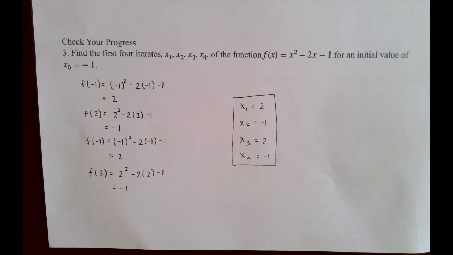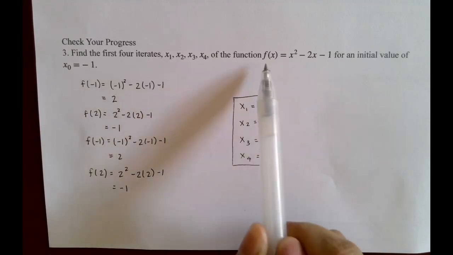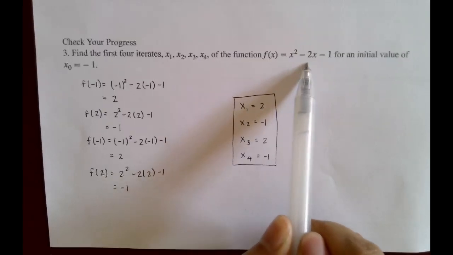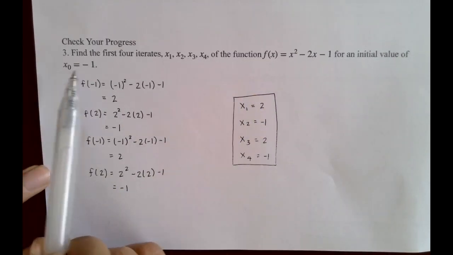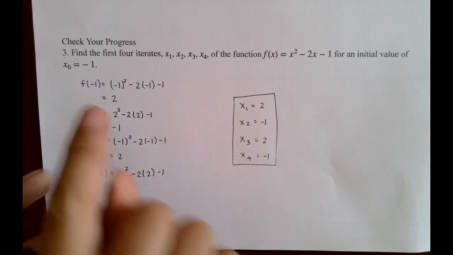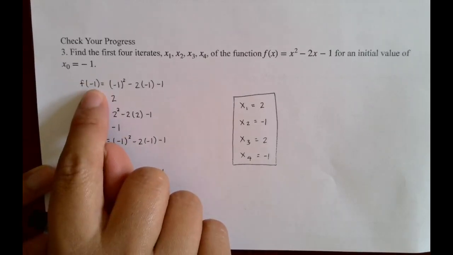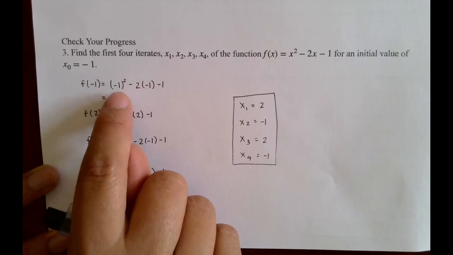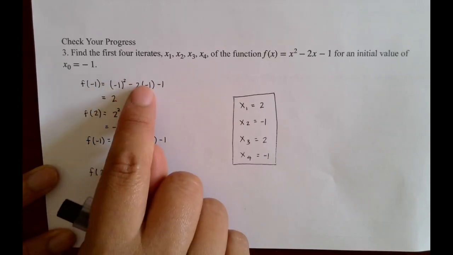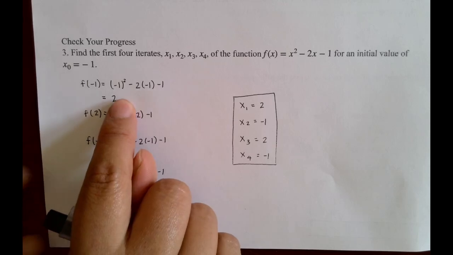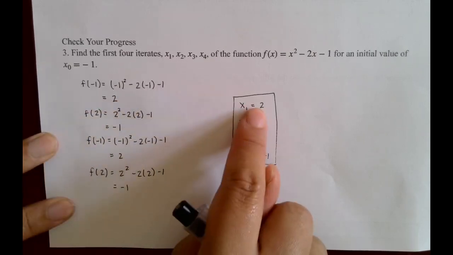Okay. So it asks us to find the first 4 iterates. We know that f of x equals x squared minus 2x minus 1, and the initial value x sub 0 equals -1. Okay? So we're going to plug in -1 to get the first iterate. So -1 squared is 1. -2 times -1 is 2. So 1 plus 2 is 3. 3 minus 1 is 2. Okay, so that's my first iterate. Okay?